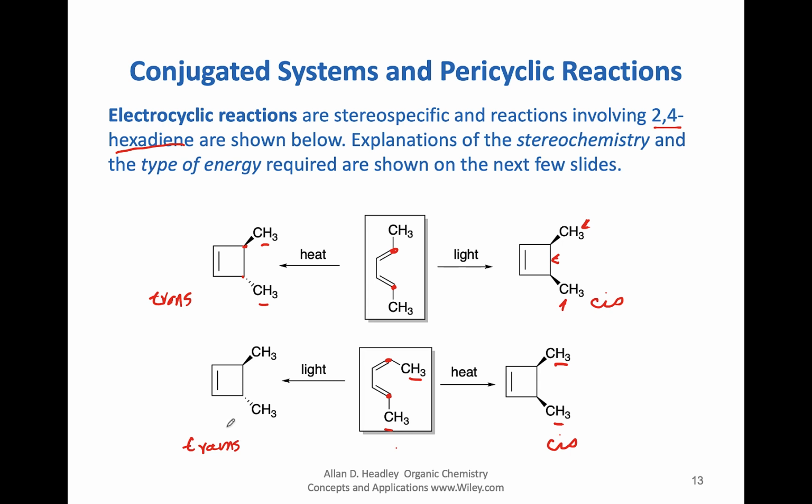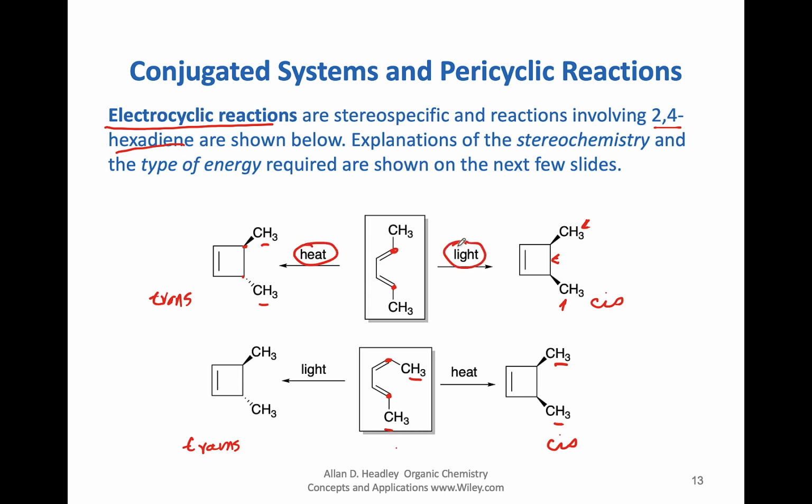But what I wanted to take from this slide is that these reactions are called electrocyclic reactions because there is a polyene and it closes here to form a cyclic structure. This can be initiated in either heat or light.